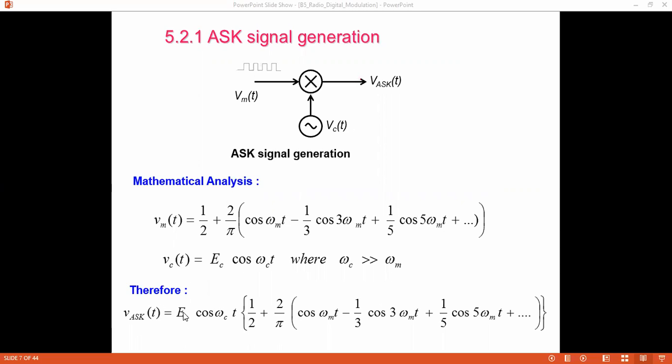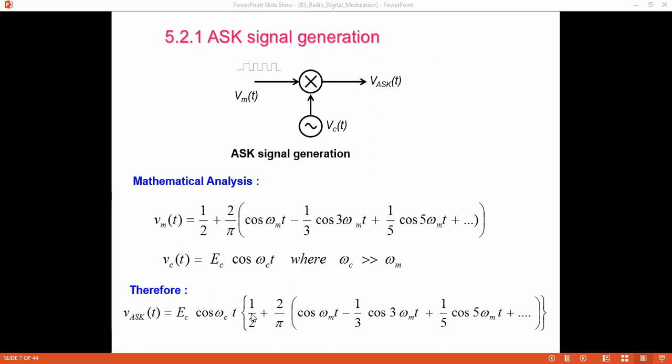Okay, so when we multiply, what can we observe? We have this half EC cos omega_C t term, and then 2/pi EC cos omega_C t cos omega_m t. And then we have the third harmonics and fifth harmonics also multiplied with our VC(t).